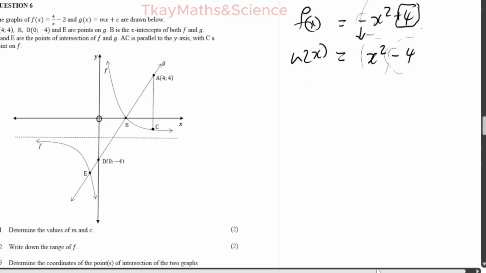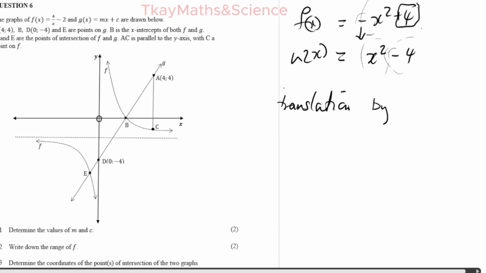There's gonna be reflection. Let's just write it down. This is what happens here. This translation by minus 8 units, which means it's gonna go down.